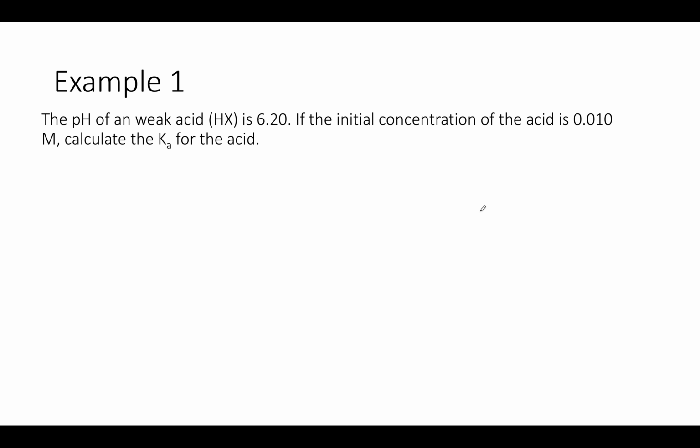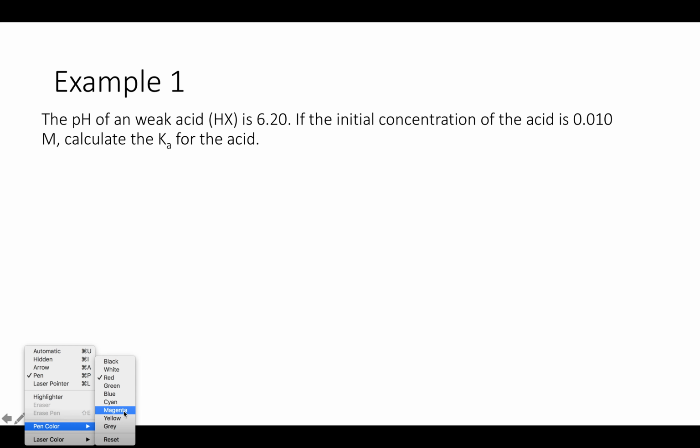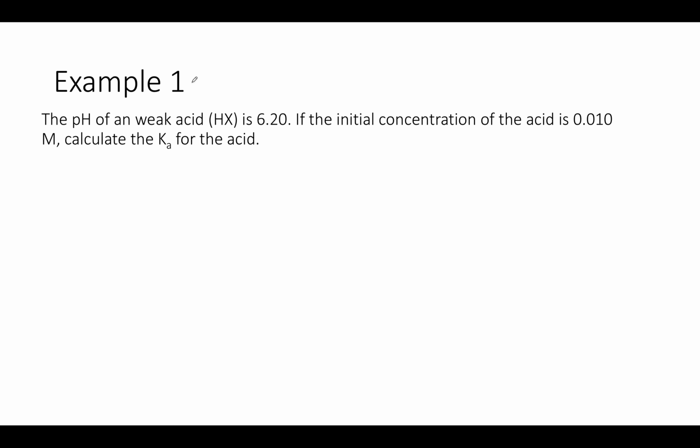So our first problem says that the pH of a weak acid, HX, is 6.2. The initial concentration of the acid is 0.01 molar. Calculate the Ka. So I've made up some acid here, HX, and it's a weak acid, which means that it's not going to dissociate 100%, so you're going to have an equilibrium concentration.